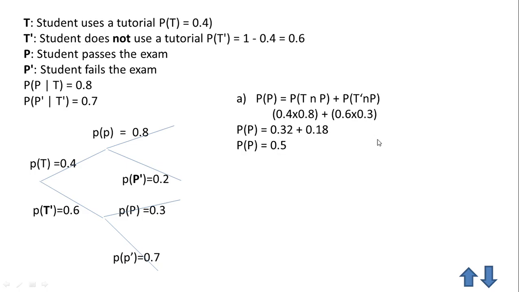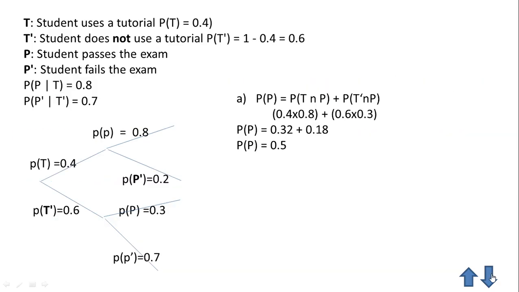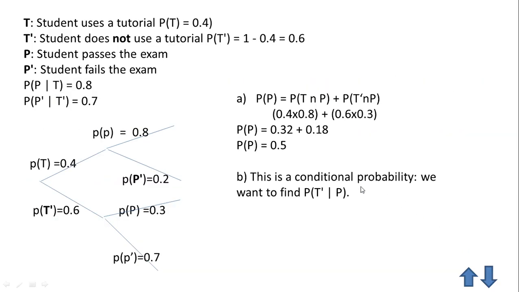Then when we go to part B, a student who passed the exam did not use the tutorial. Now this is a conditional probability. We want to find probability of not using a tutorial given that somebody passed.